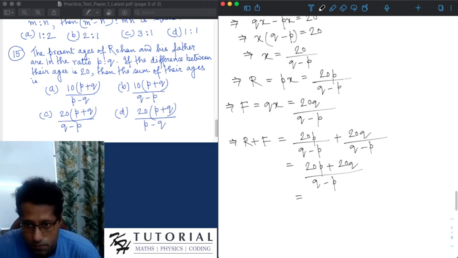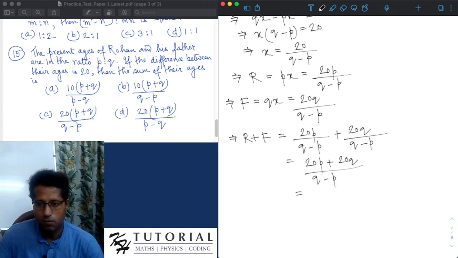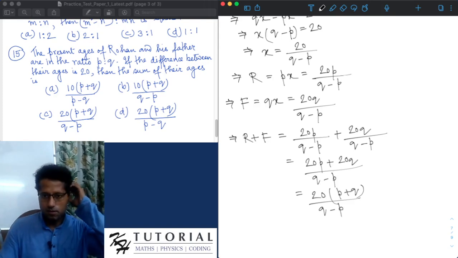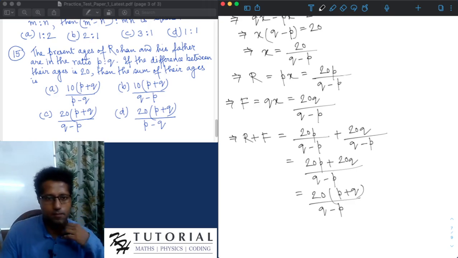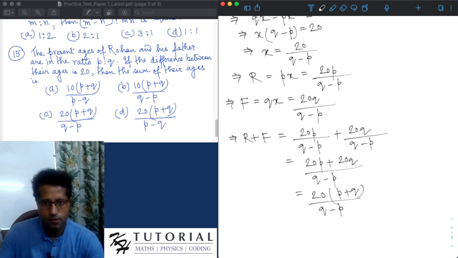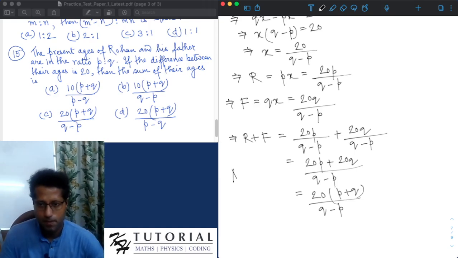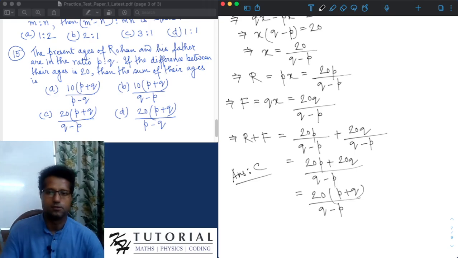If we take 20 common from the numerator, this is 20 into p plus q divided by q minus p. This should be the sum of their ages, and we have to see which choice it matches. It is not D, since in D the denominator is p minus q, but the denominator should be q minus p. So it matches with choice C. So C is the correct answer.